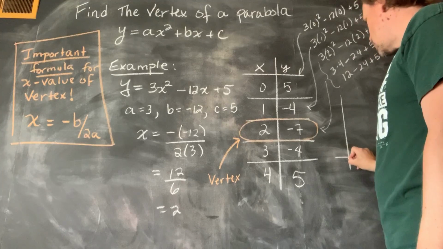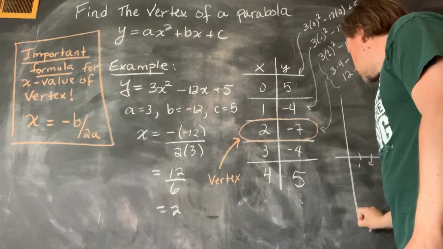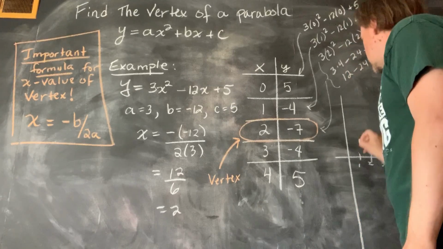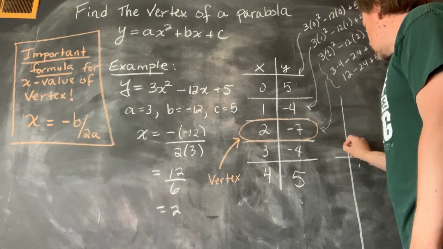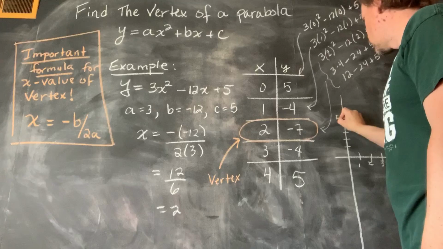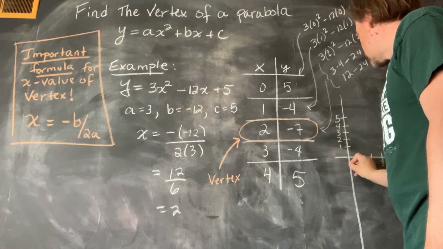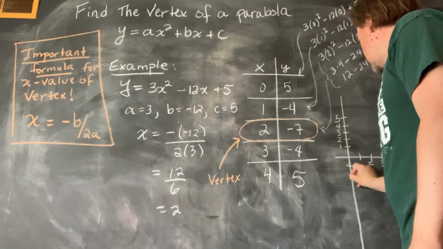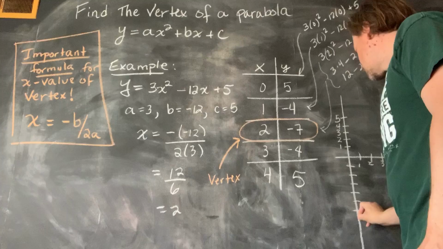So I need to go down to a minimum of negative 7 and a maximum of positive 5. So 1, 2, 3, 4, 5, and then negative 1, negative 2, negative 3, negative 4, negative 5, negative 6, negative 7.